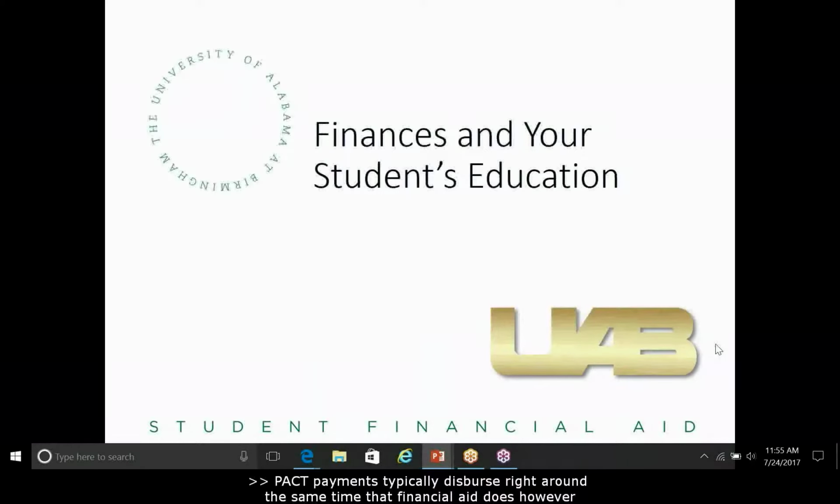PACT payments typically disperse right around the same time that financial aid does. However, if we know ahead of time, which we typically do, that you're receiving PACT payments, those funds will be credited to your account and be listed as anticipated funds as well. Typically, PACT is something that is sent out to our student accounting office, and it's done pretty seamlessly.